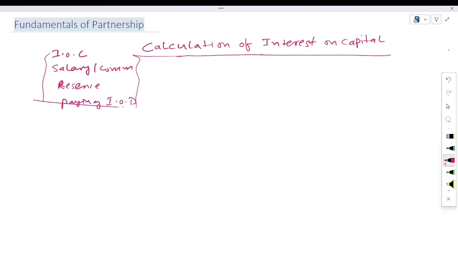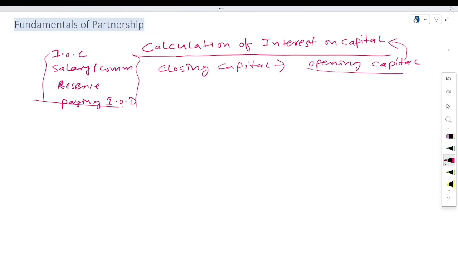But sometimes in a question the closing capital will be given, not the opening capital. Remember that whenever you calculate the interest on capital, you will have to calculate it on opening capital.